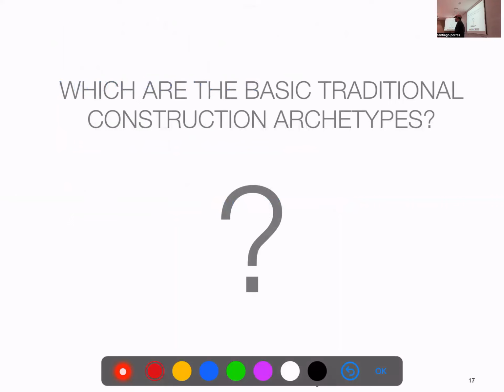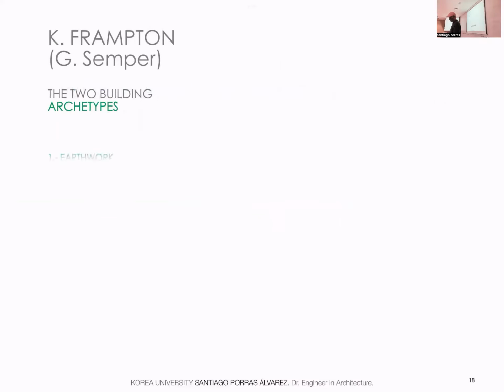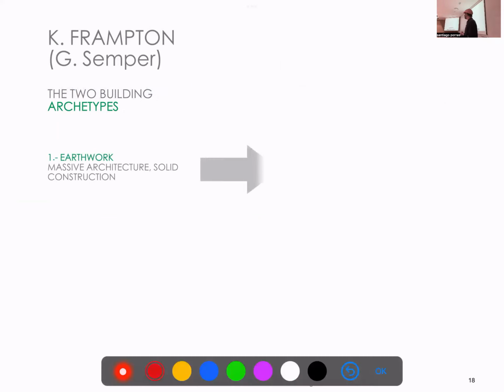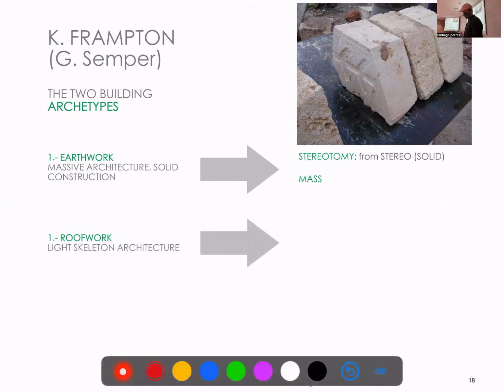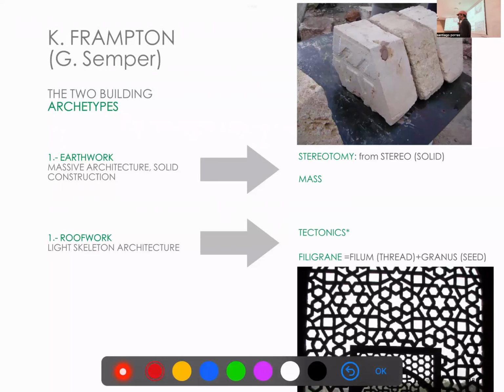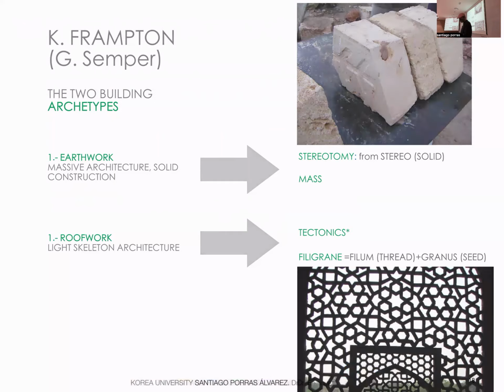And then there's one question: which are those basic traditional construction techniques or archetypes? Then we go to lecture 1, which I will not repeat, right? So we go back to the beginning. And basically, we can say this is a massive construction and the light construction. And as we saw many times, there are traditions which are more on one side than the other, but often they are mixed in some way, but this is the beginning.